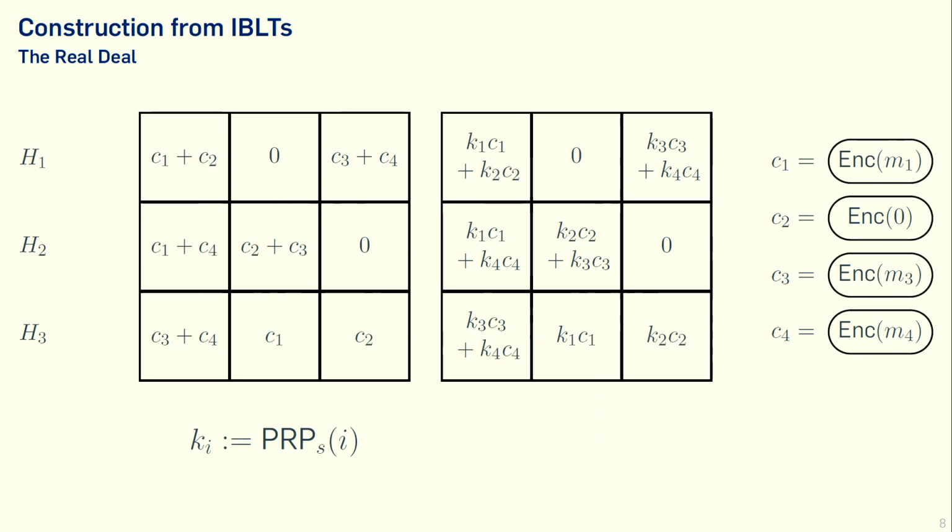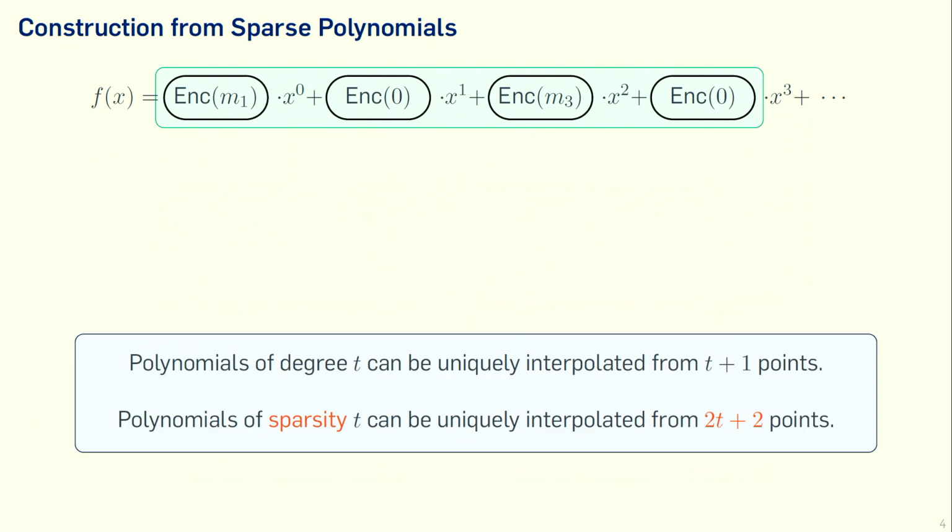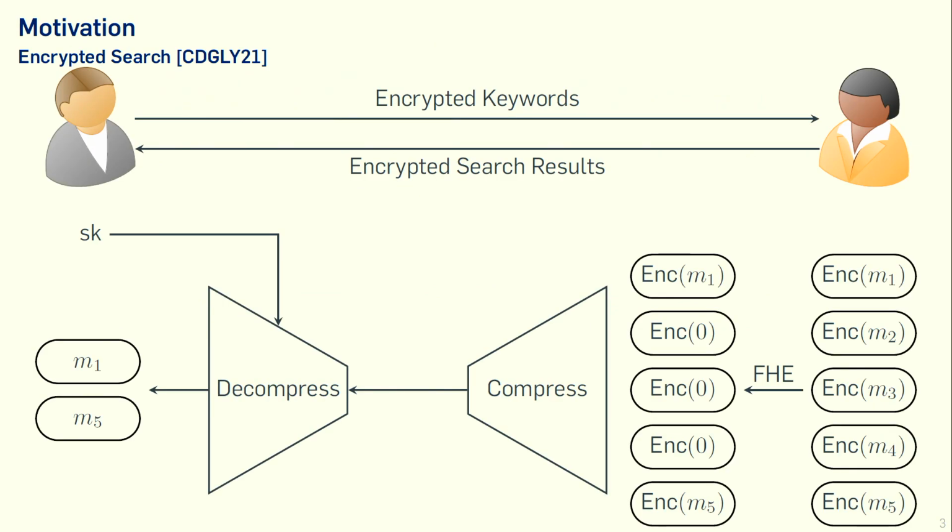The scenario is that we have two parties. One of them has a bunch of encrypted values that it may, for example, filter, or maybe for some reason there are already many zeros in there. And the other party has the secret key. So on the side that decompresses, the secret key is always known. And it is not necessary for the compression to know the secret key. This is just the setup for it. I'm not sure I understood the question. I see, we can take it offline. Thank you.